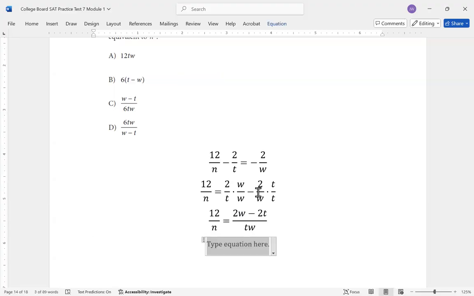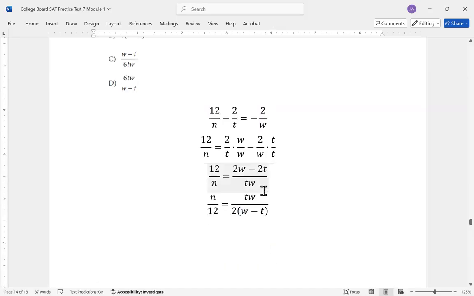Again, there are a couple of different ways we can solve, but I'm just going to think reciprocals. If these fractions are equal to each other, then the reciprocals of those fractions also have to be equal to each other. The reciprocal of the right-hand side is TW divided by 2W minus 2T. I can factor out a 2 there as well if I like.